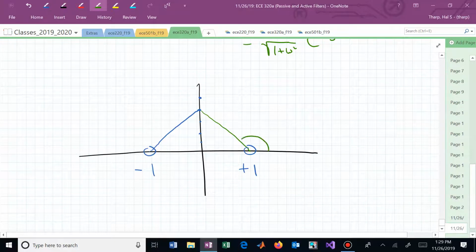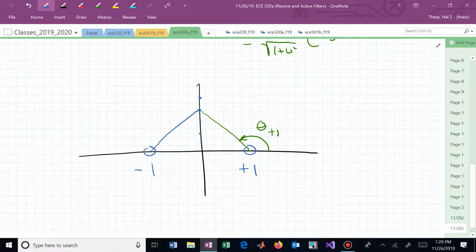Here's the angle due to the positive one. And here's the angle due to the minus 1. Which one's the minimum phase? Which one's the minimum angle? It's due to the zero factor that was in the left half plane versus the one that was in the right half plane.